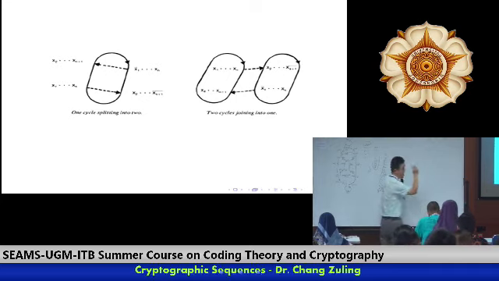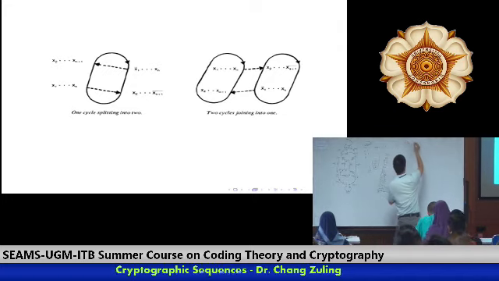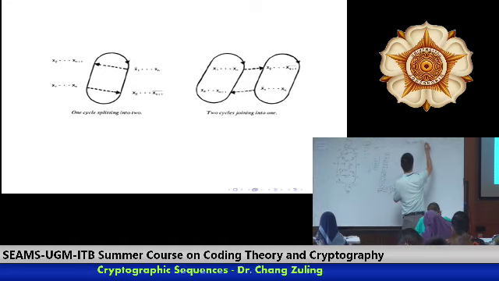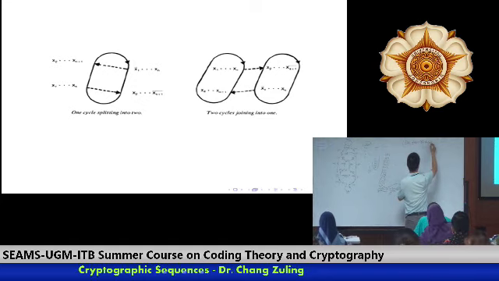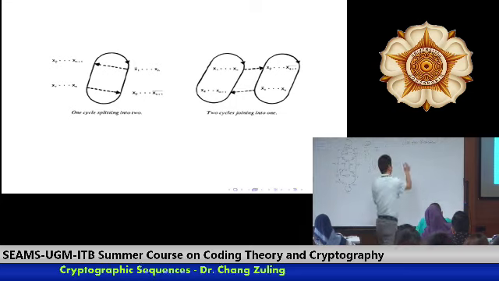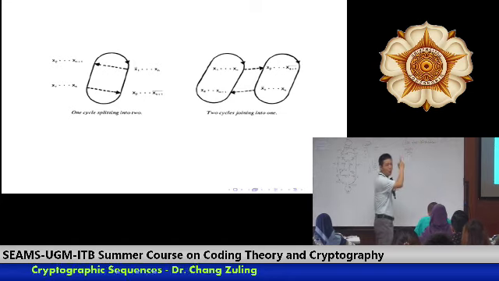For example, we take an LFSR with polynomial x^4 + x^3 + x^2 + x + 1. Its state graph will be this one. The zero state will be a cycle, a loop.